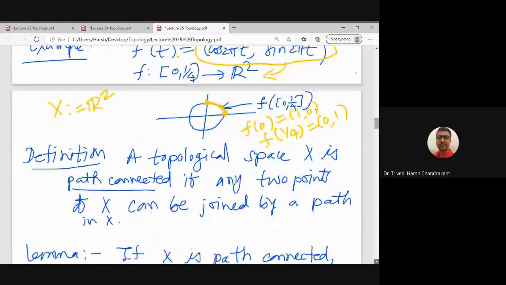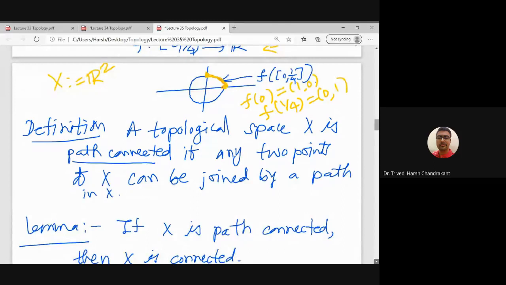So a topological space is path connected if for any 2 points in the topological space, I can always find a path joining the 2 particular points.